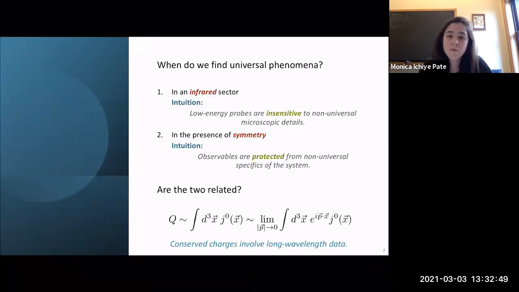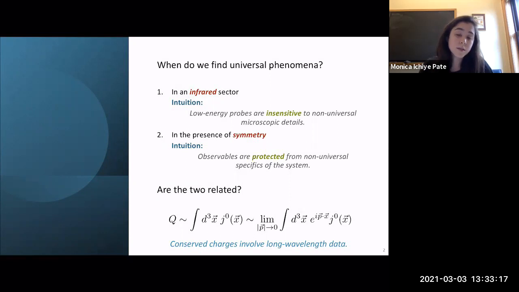A general motivation for this work is really to attain a deeper understanding of universal phenomena. A natural place to start is to consider under what general circumstances we expect a notion of universality to emerge. One context in which we often expect to find universal behavior is in the infrared sector of theories.